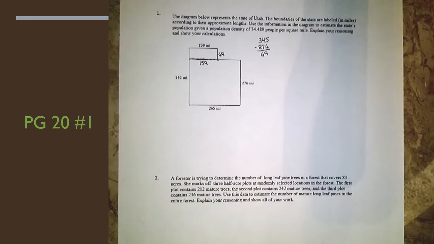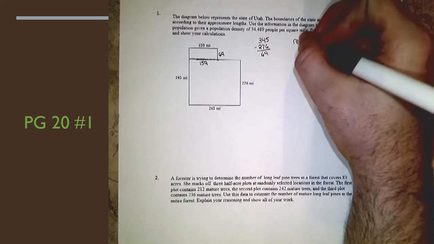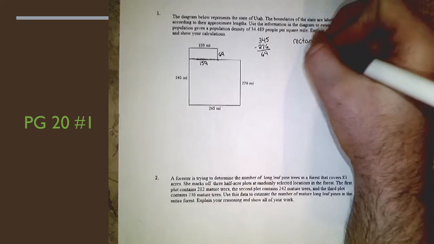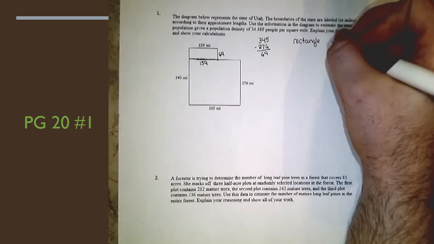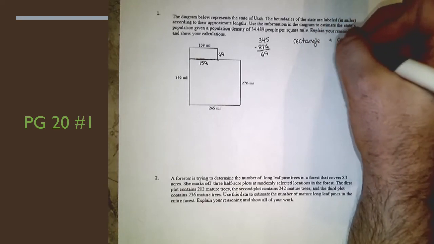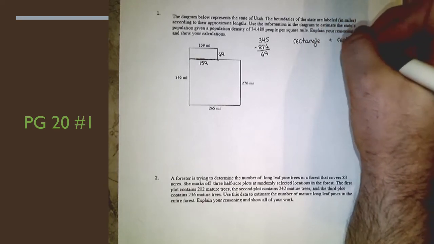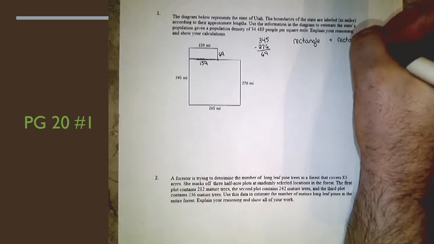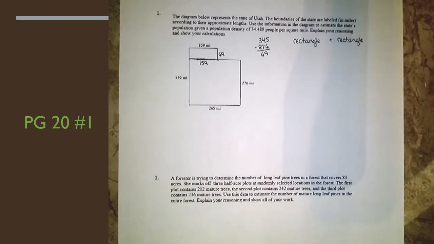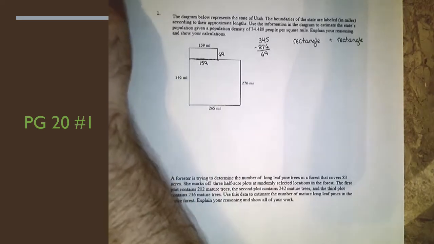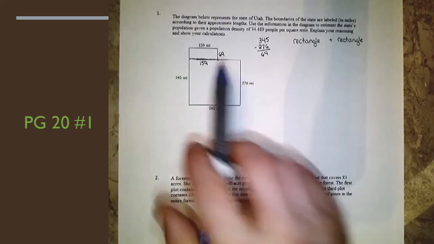Now, when we find the area, we're going to be trying to find the area of each rectangle, because there's 2 rectangles that we have. So once we find the area of each rectangle, we're going to add them together. Let's say we did the small one first.